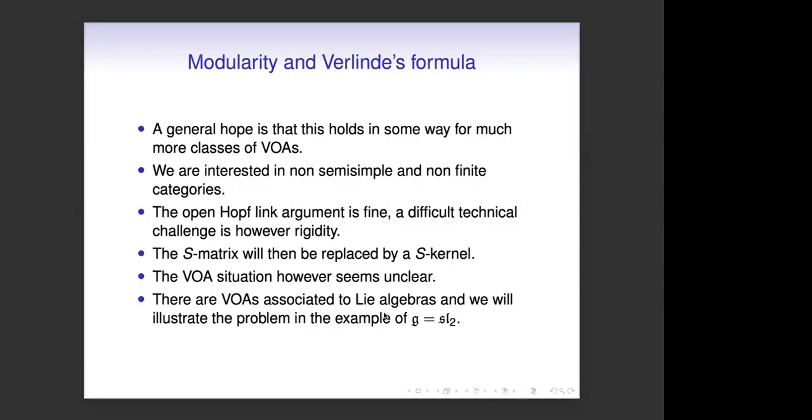So on the categorical side, the open Hopf-Link has nothing to do with semi-simplicity. That's fine. A technical challenge for VOA theory is rigidity. This is somehow a nightmare, but we all made progress on it. Because we are not finite, we don't want to talk about an S matrix, but an S kernel.